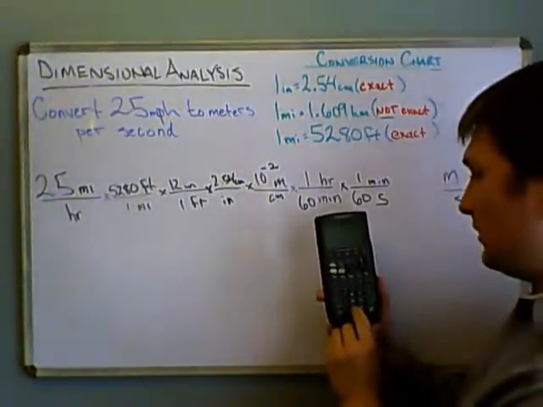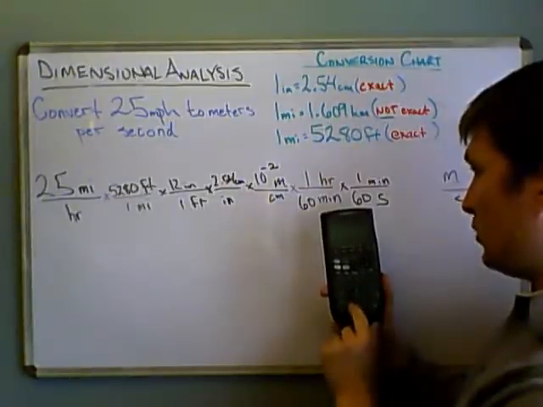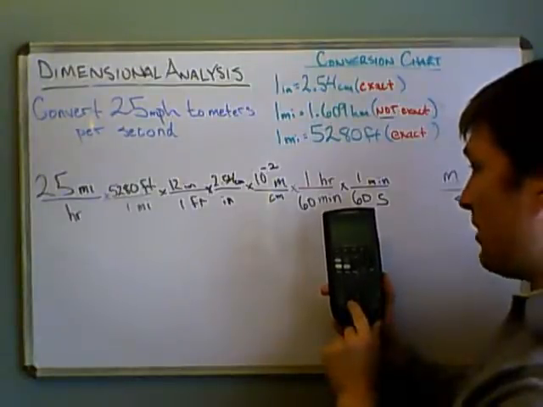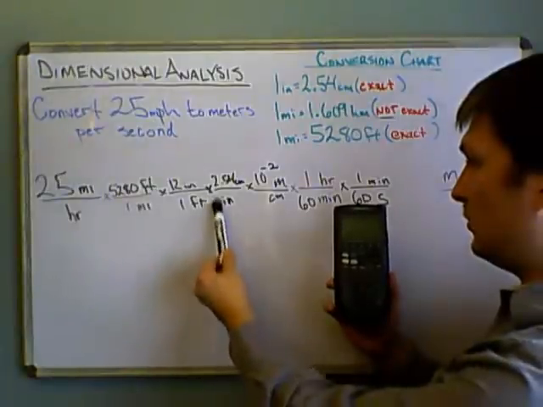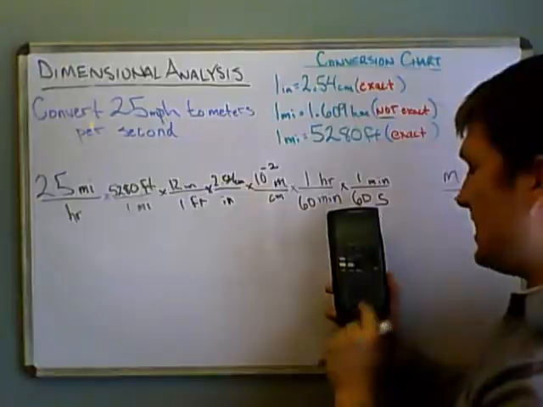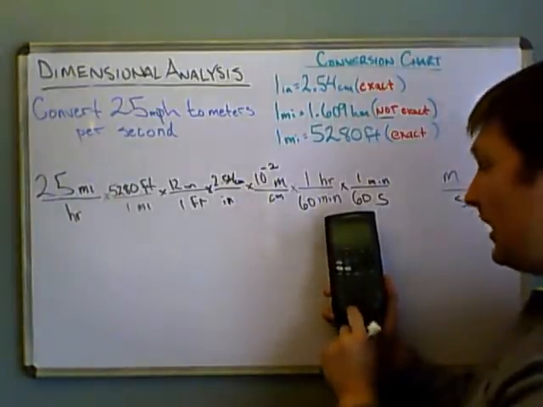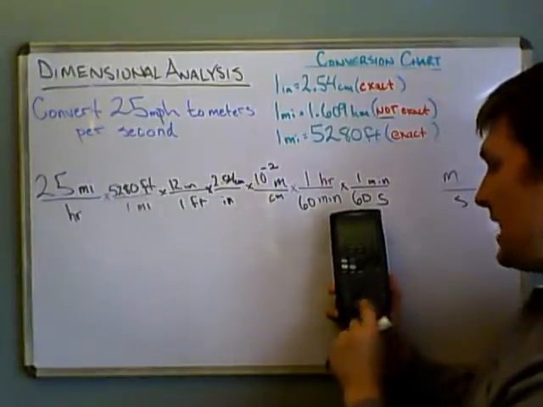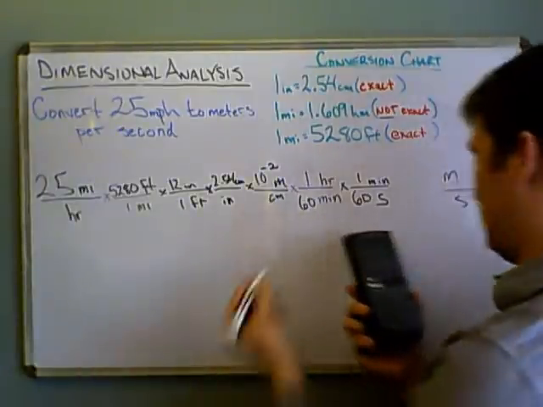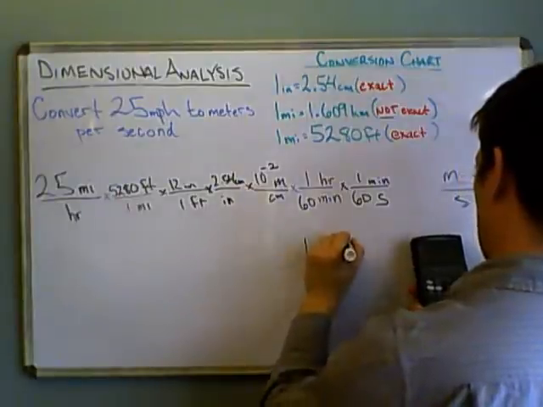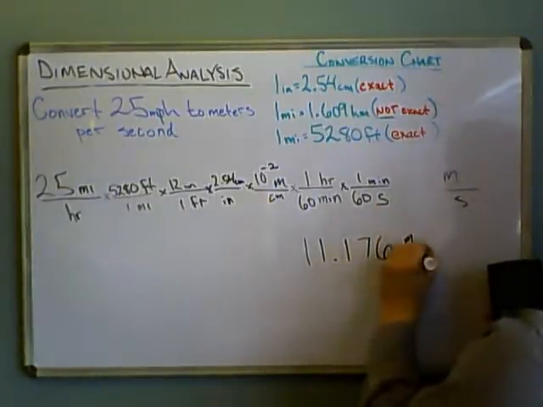And let's see. We go 25 times 5280 divide by 1 times 12 divide by 1 times 2.54 divide by 1, because that's 1 inch, times 10 caret negative button 2 divide by 1 times 1 divide by 60 times 1 divide by 60, and we get 11.176, and our units are meters per second.